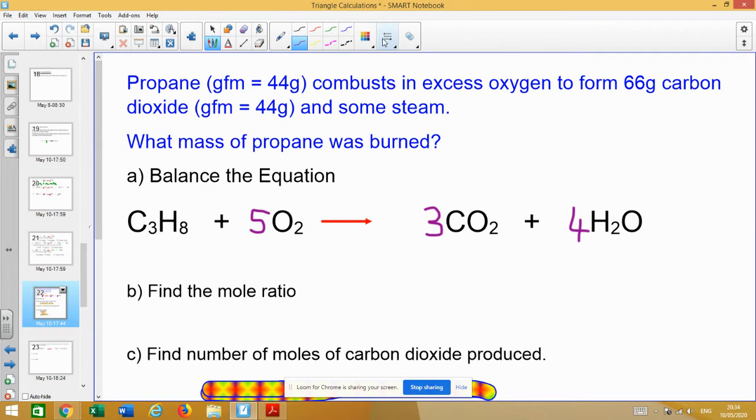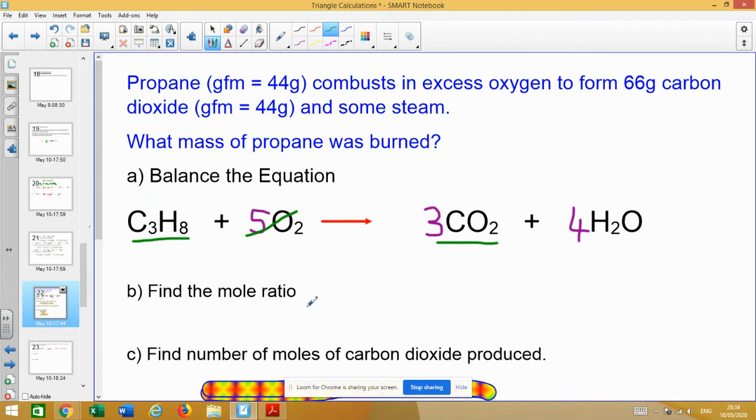Now, the question's told us that the oxygen's in excess. That means we don't use it in our calculation. Basically, it's been done in air and there's as much oxygen as the reaction required. What we're looking for is the carbon dioxide and the propane. So we know the carbon dioxide and we want to work out the propane.